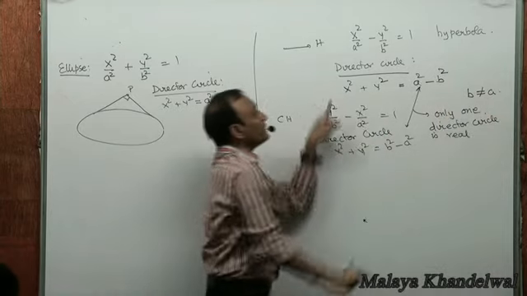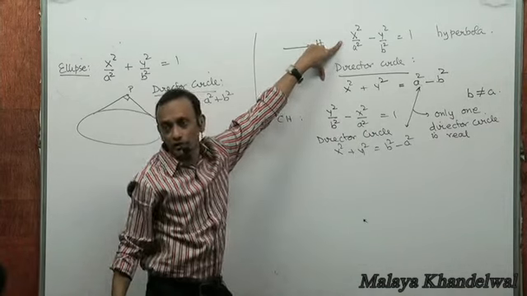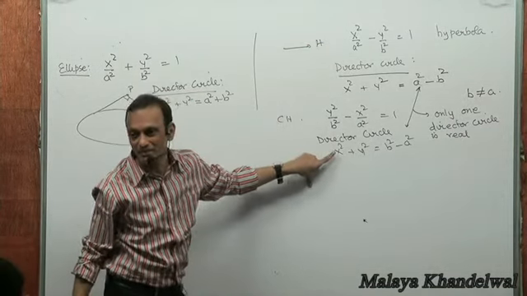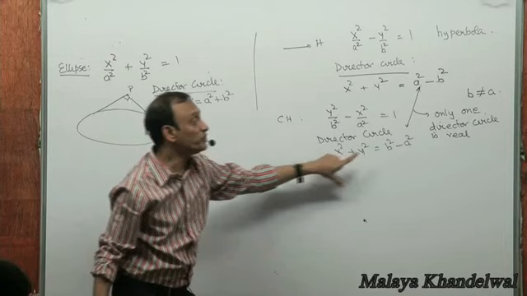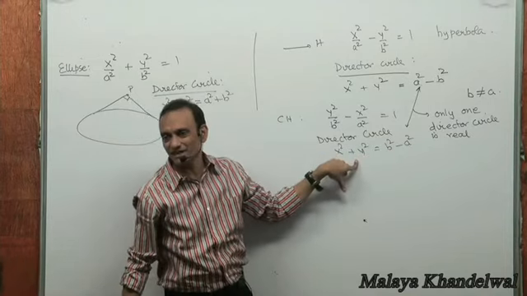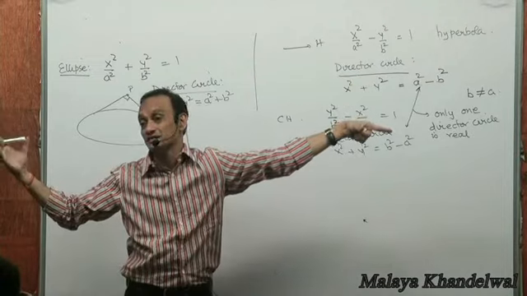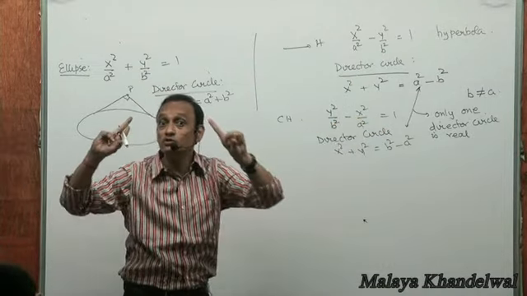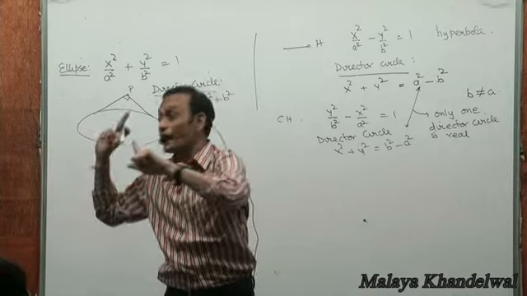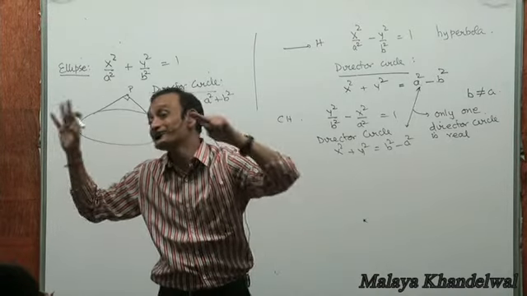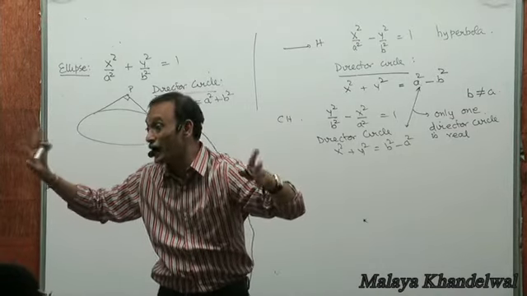If a is greater than b, then this hyperbola will have a real director circle and the conjugate will have an imaginary director circle. If b is more than a, this director circle would be real and that would be imaginary. Yes or no? That means a director circle will exist either for the hyperbola or its conjugate if b and a are different.